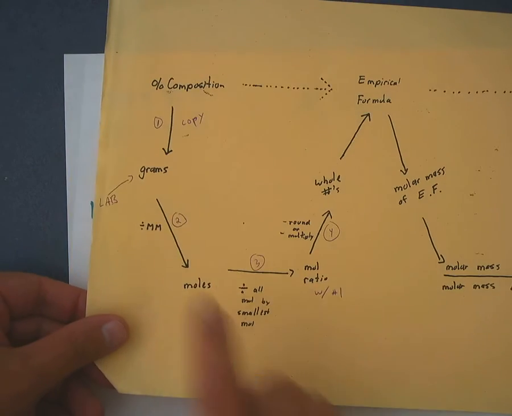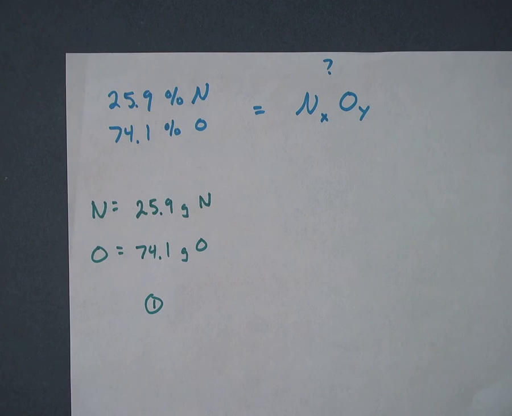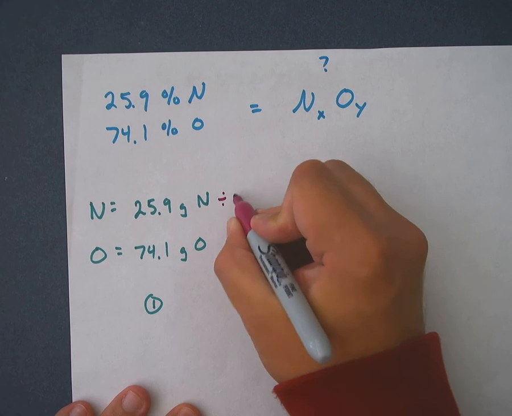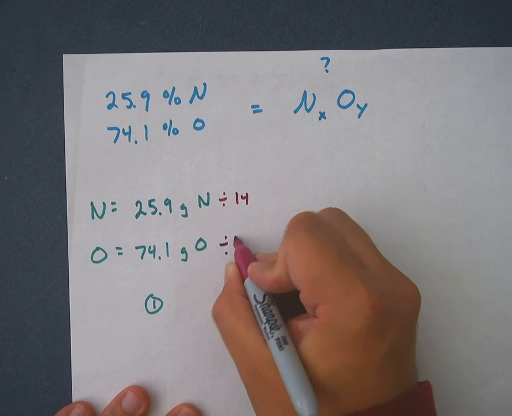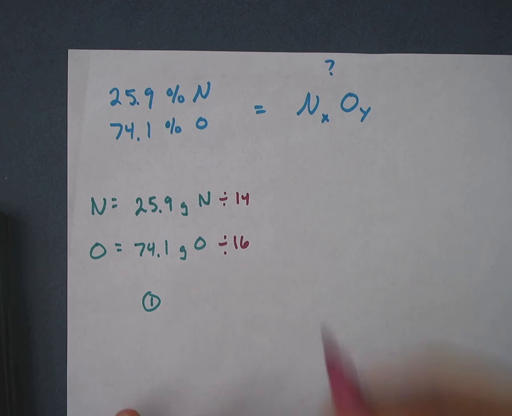Step 2, we have to take grams and convert into moles. And we do that for each separate line. So for step 2, I'll do that in maroon. I will take nitrogen and divide by 14, and oxygen I'll divide by 16. I hope you know where those numbers are coming from. Those numbers are coming from the mass of the atom on the periodic table. And don't worry about them being diatomic, okay?